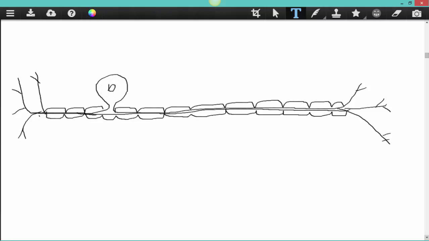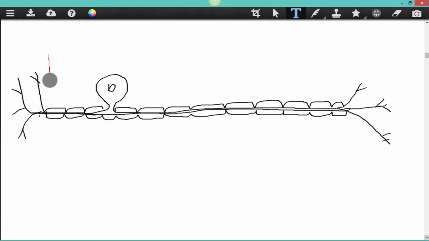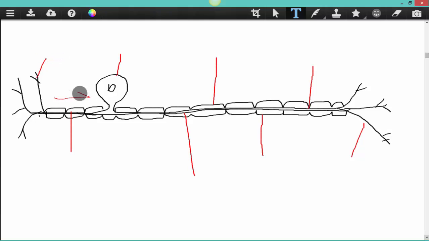This is the sensory neuron. Parts are going to be exactly the same. They're just going to have a different position. This is the direction of the nerve impulse.